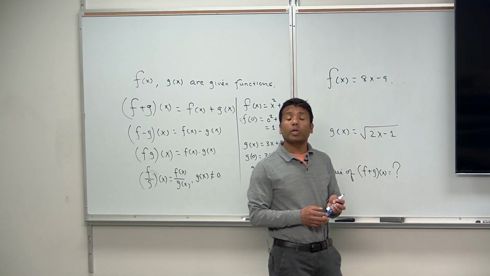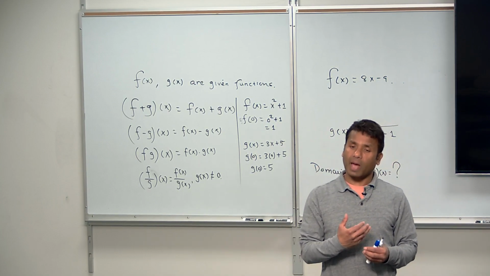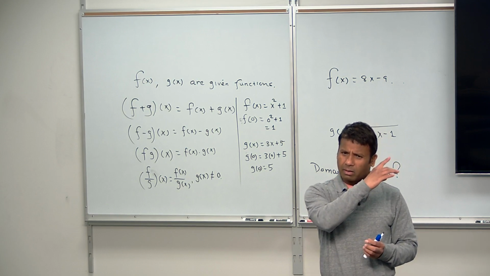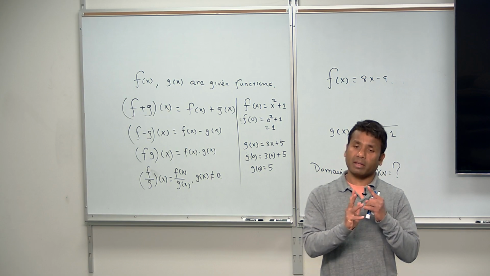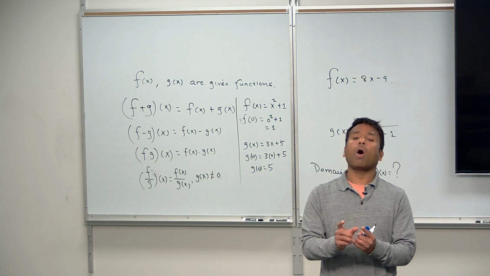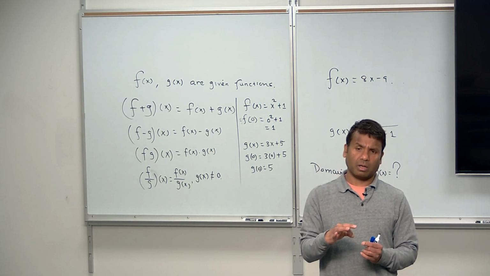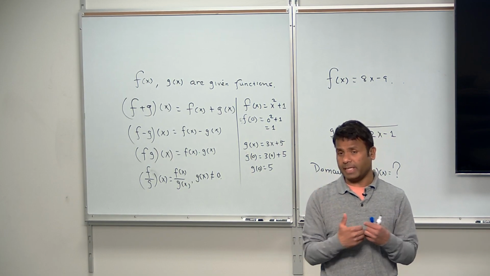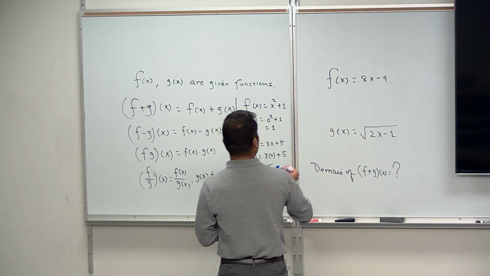And then we need to find the intersection of the domain of f and the domain of g. You remember that? The domain of f plus g, f minus g, and fg includes all real numbers in the intersection of the domain of f and the domain of g. Does that make sense? So that's why we need to find the domain of f.